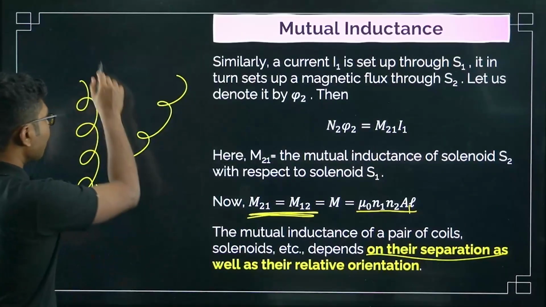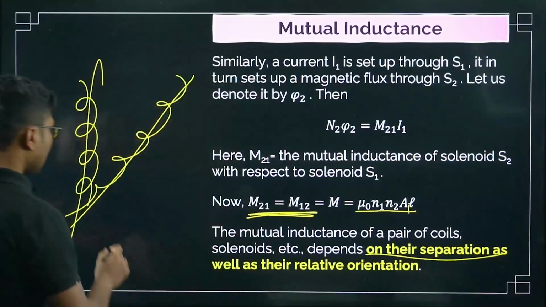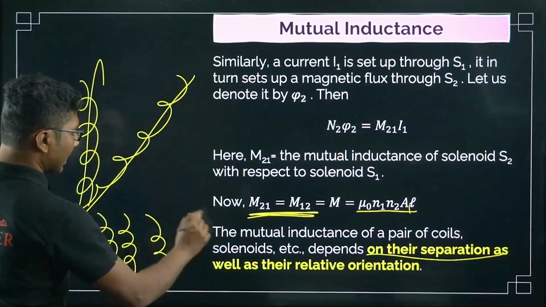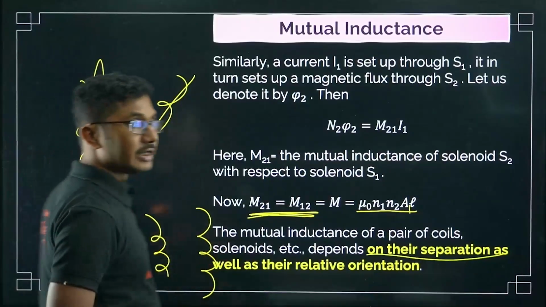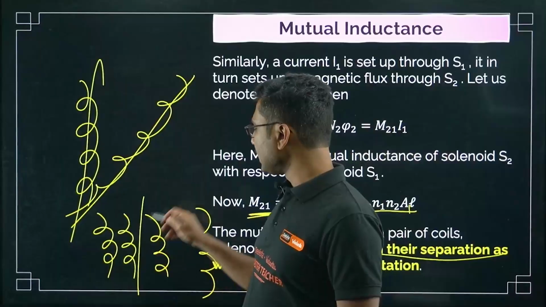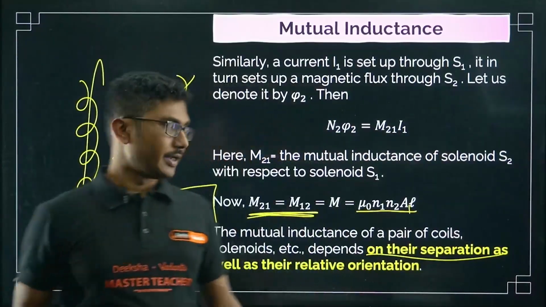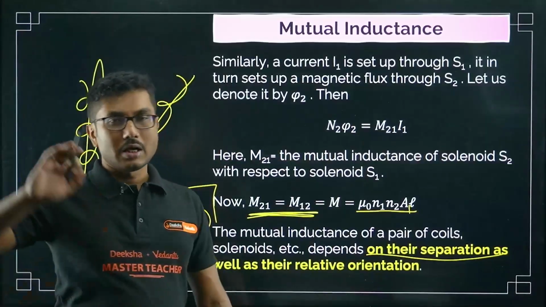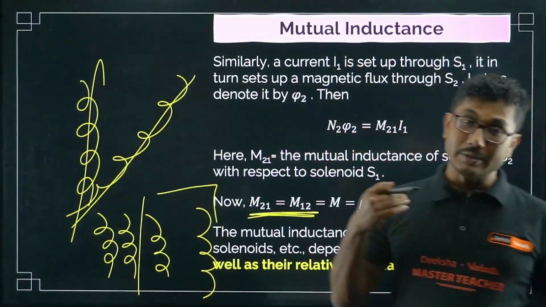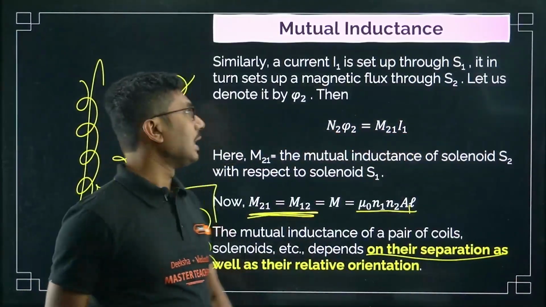This relative orientation will also change their mutual inductance, and how close or how far they are will also change the mutual inductance. So mutual inductance depends on their closeness, their distance and their relative orientation. These formulas are not there, but you have to remember that the mutual inductance also depends on these two quantities.